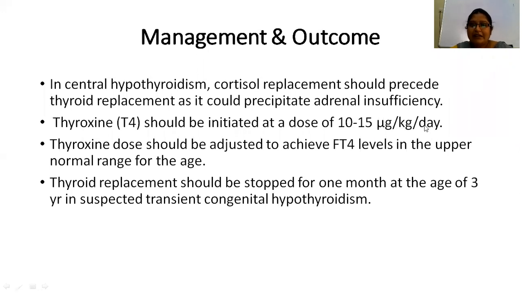The free T4 level should be adjusted to the upper normal range. Thyroid replacement should be stopped for 1 month at the age of 3 years in suspected transient congenital hypothyroidism. If it is normal, then we can stop thyroxine. Okay. Next thing is, if there is early intervention through newborn screening, then there is a good outcome. Then there won't be any deleterious effects on intellectual and mental development.